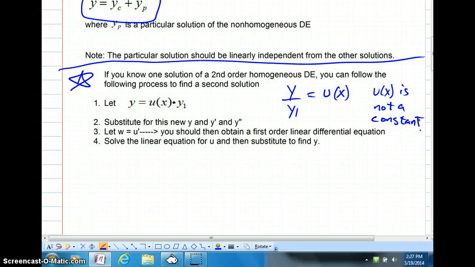We're saying that they are not constants of one another. So what we're going to do is take y equals some function u of x times y sub 1. We'll substitute this into our differential equation. We'll do a power reduction like we did in chapter 2, and then we'll solve and eventually find our answer. So right now, this is the big picture.